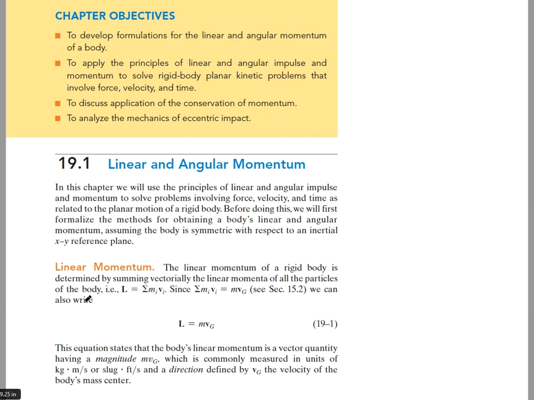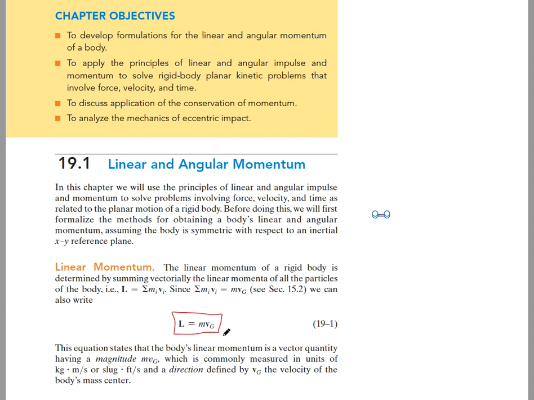So for linear momentum, if we assume the rigid body is made of a collection of small particles, then the linear momentum of the entire body is the product between the mass of the body times the velocity vector of its center of mass.